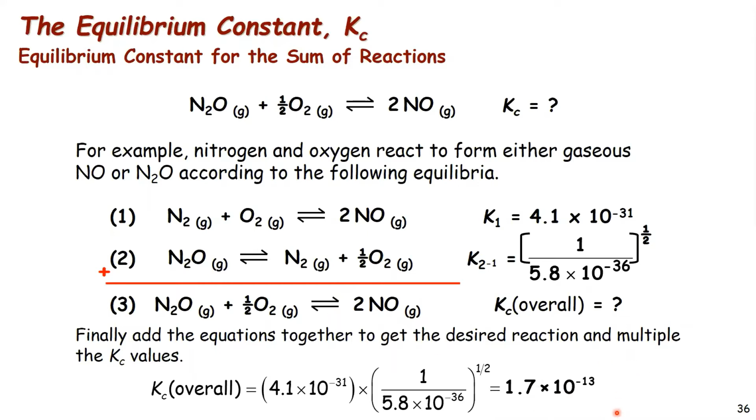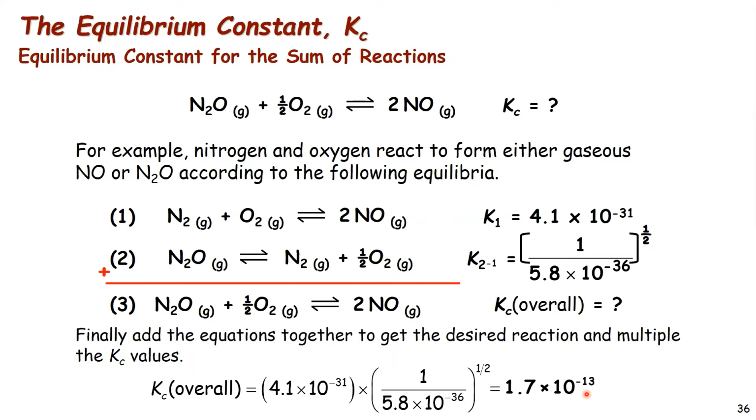Now I'm going to talk about orders of magnitude. Does everybody understand what an order of magnitude is? An order of magnitude is when you raise 10 to a power. So if I say 2 orders of magnitude, I'm talking about 10 to the 2. The difference between 10 to the -31 and 10 to the -13 is 18 orders of magnitude.